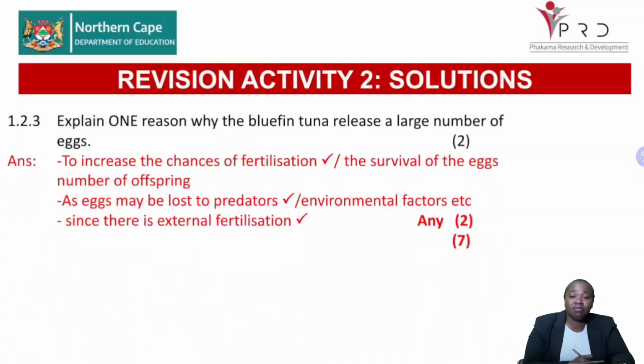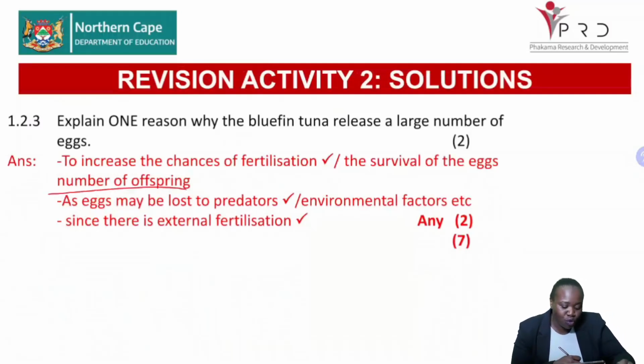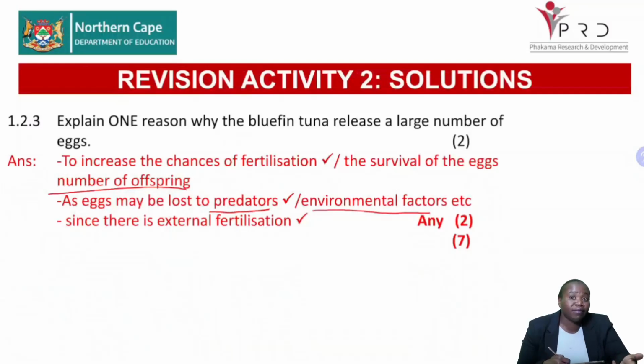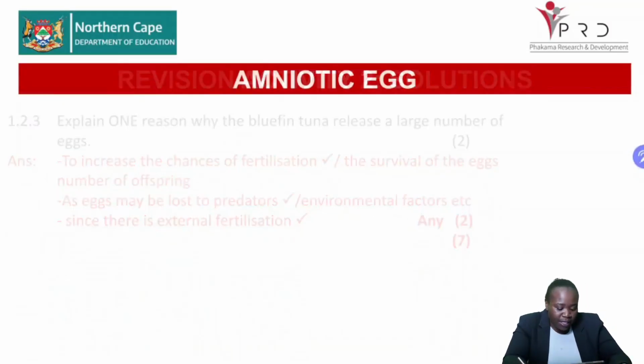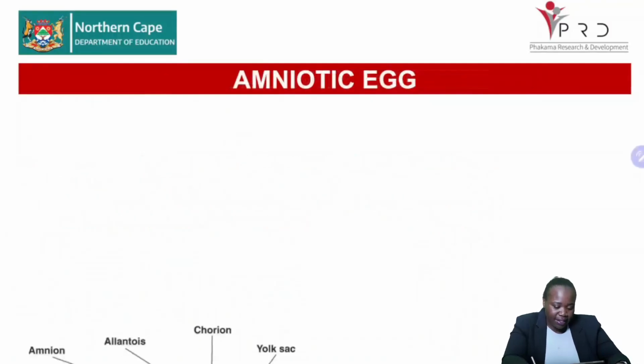If that takes place, it means the number of offspring produced are going to increase, right? So as the eggs may be lost to predators, some will be lost to predators, some to environmental factors like winds, and that is mainly because it is external fertilization. The bluefin tuna experiences external fertilization.